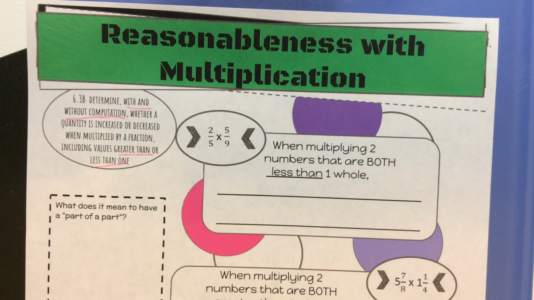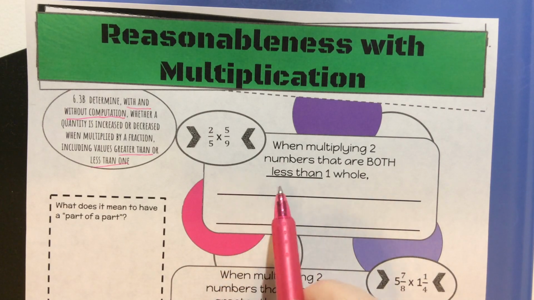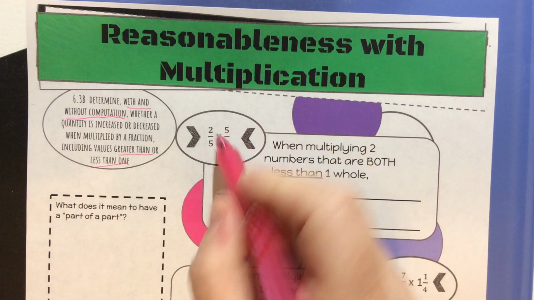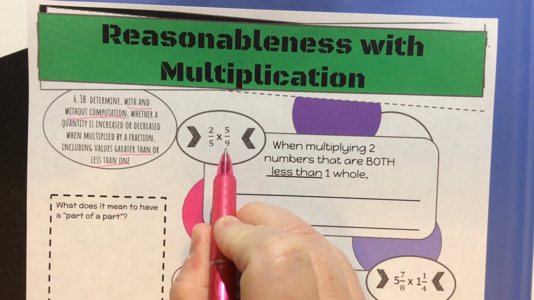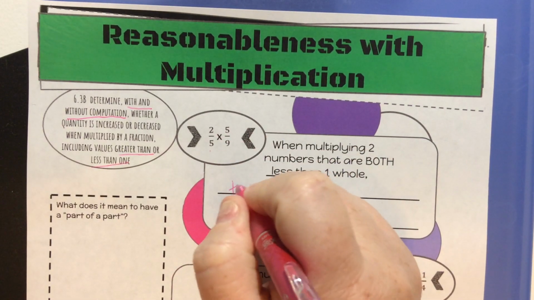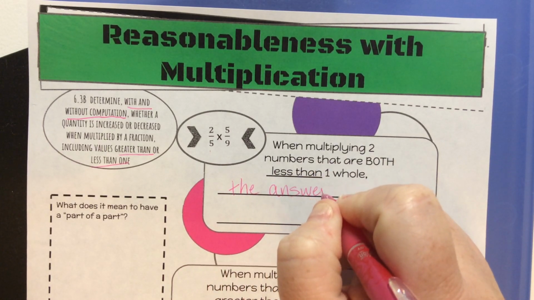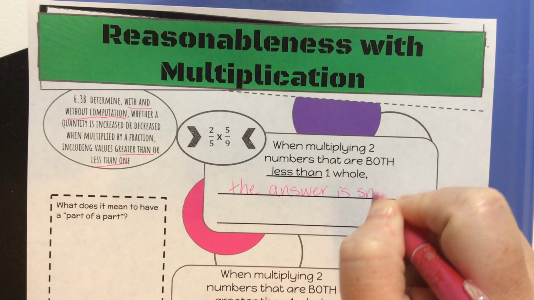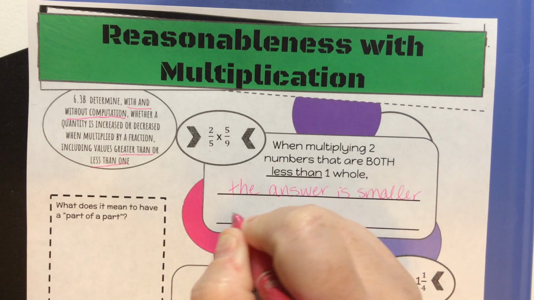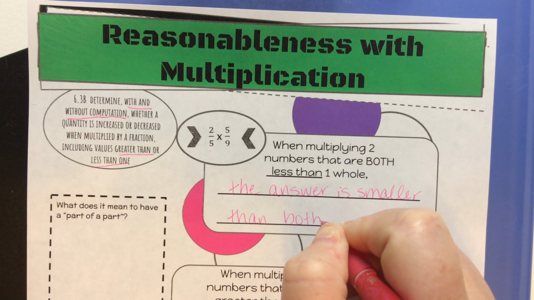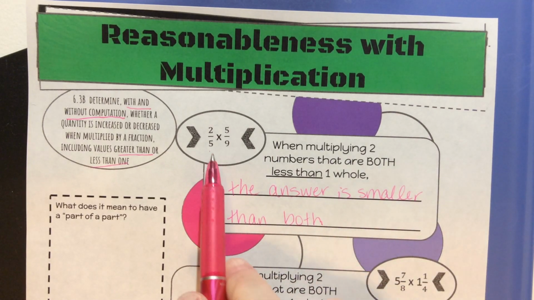So this first one here says when we are multiplying two numbers that are both less than one whole, right? This is less than one whole and this is less than one whole. The answer is smaller than both. So you may see questions that say, what would this answer be?